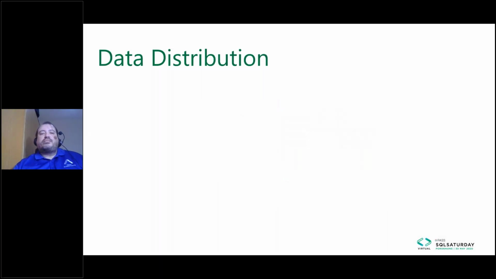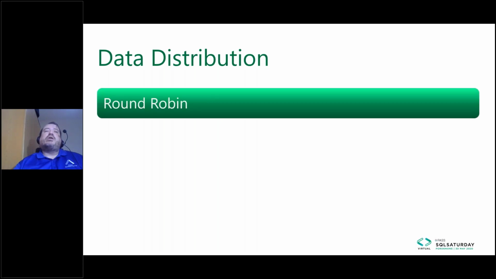And we have 3 distribution methods. We have round robin, which is the default distribution method. It means that if you use the plug and play technique and just put your tables there and see if it works, you are using the round robin distribution. Let's see how bad it is.